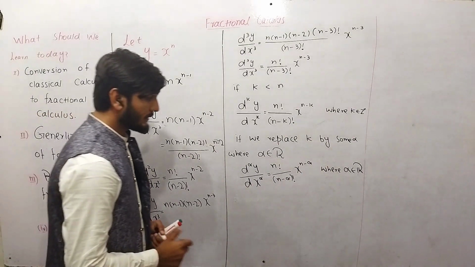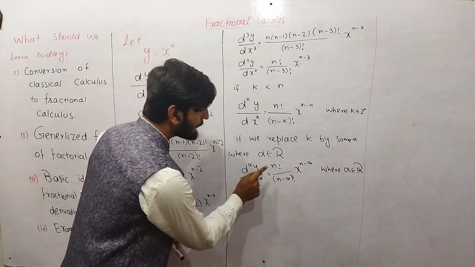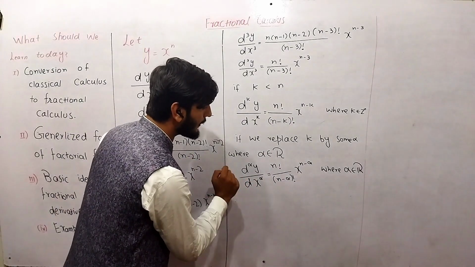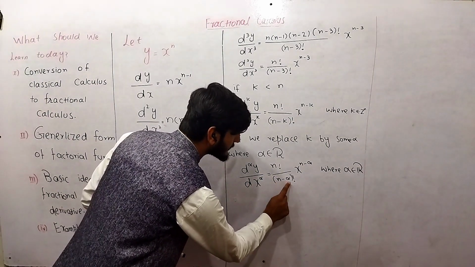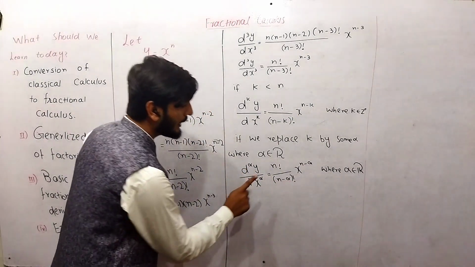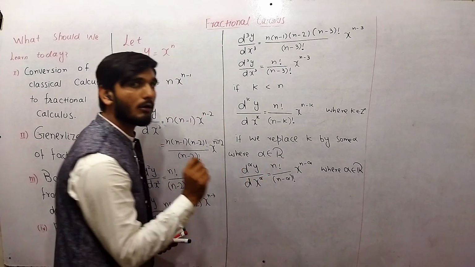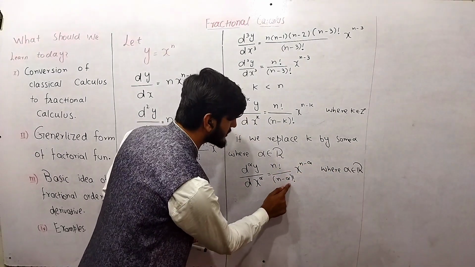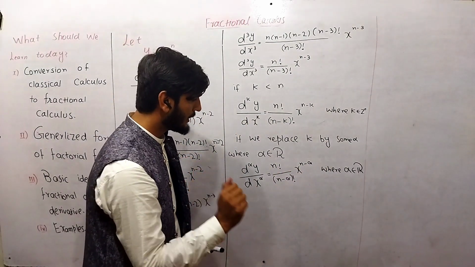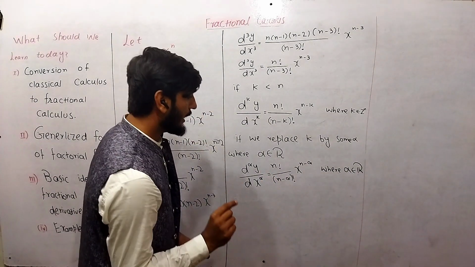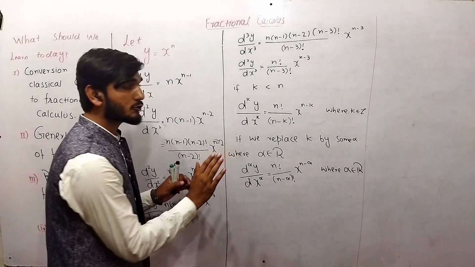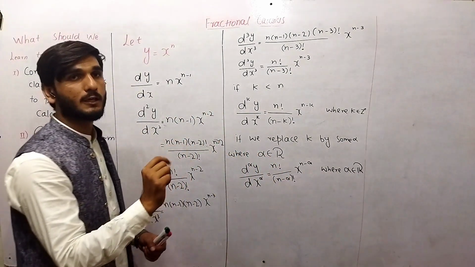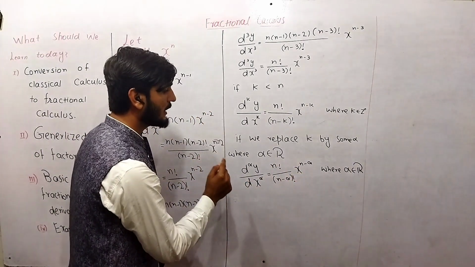Okay, there's a problem: the factorial function is only defined for the integers. Here the issue is n minus alpha; the factorial function is only valid for integers, but here alpha is a real number, so the result will also be a real number. That's why Leibniz was stopped here, because there was no other solution to describe all of this.